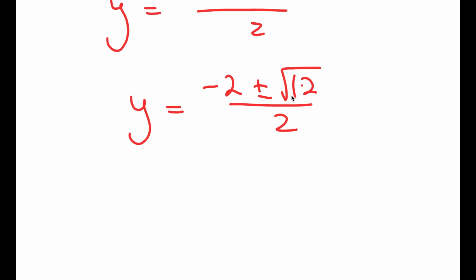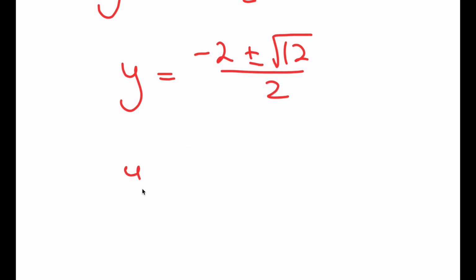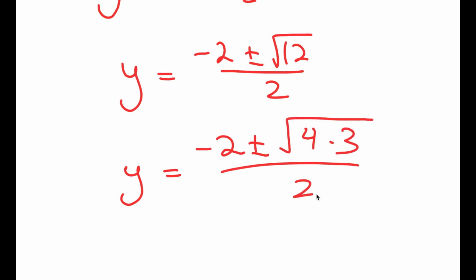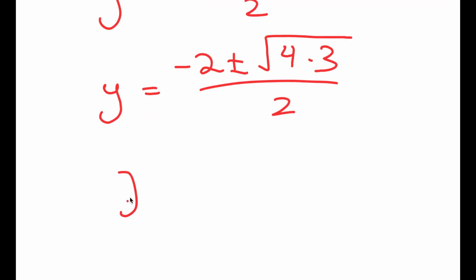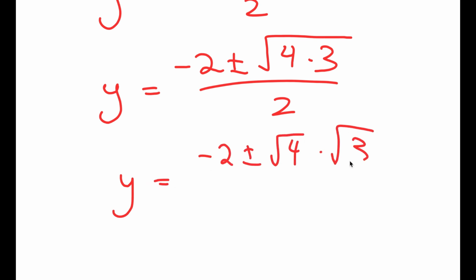Now, the square root of 12 is the same thing as the square root of 4 times 3. I can rewrite that as the square root of 4 times the square root of 3.